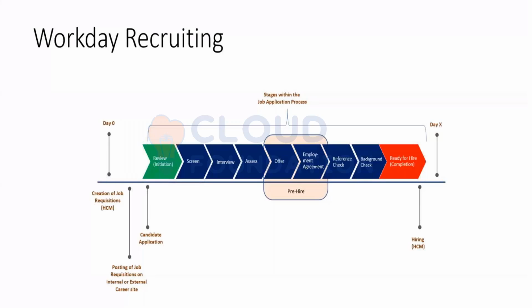At the offer and employment agreement stage, that candidate will also be called a pre-hire. In this pre-hire stage, offer and employment agreement documents come into picture. A lot of negotiation takes place during the pre-hire stage.